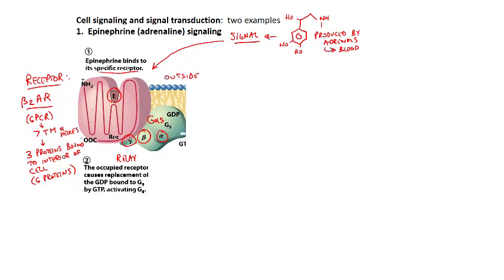Binding of epinephrine on the outside of the cell causes some sort of conformational change, which is still not very well understood, in the shape of the receptor, so that the G proteins, which are stuck to the inside of the cell, change their conformation as well. So our relay involves a conformational change in the G proteins.